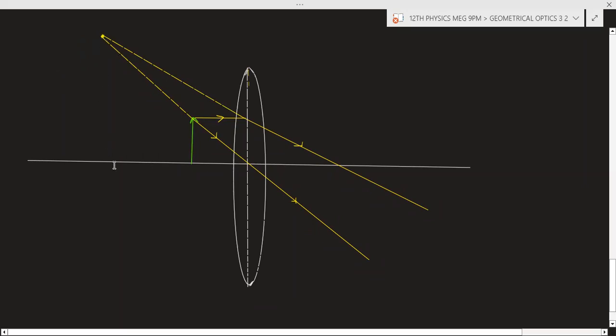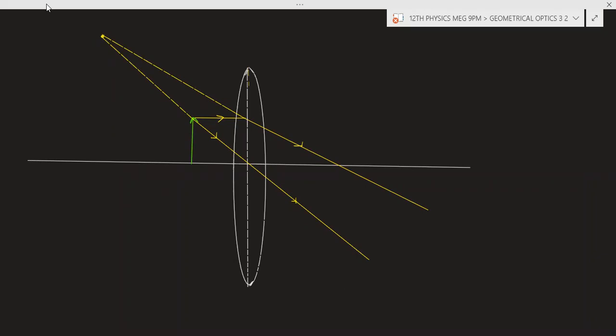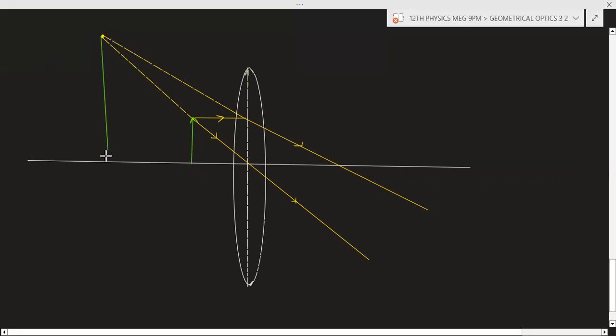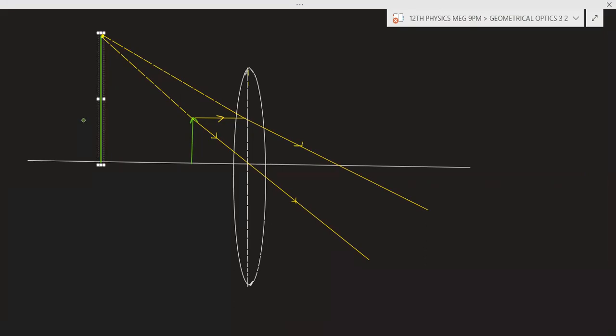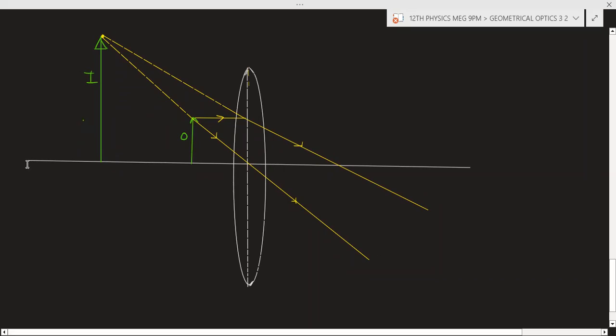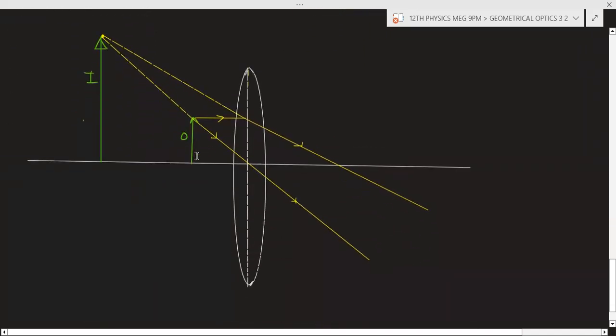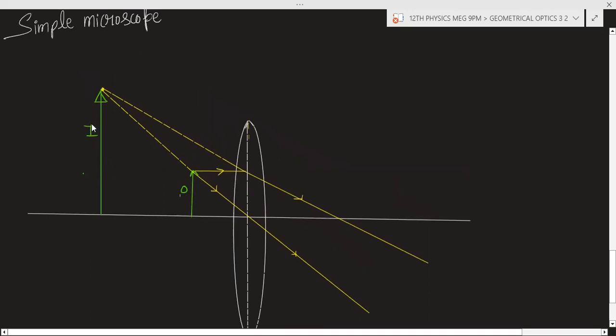This will be the image, and this was the object. Now this magnified image will be produced of this object, a simple microscope.